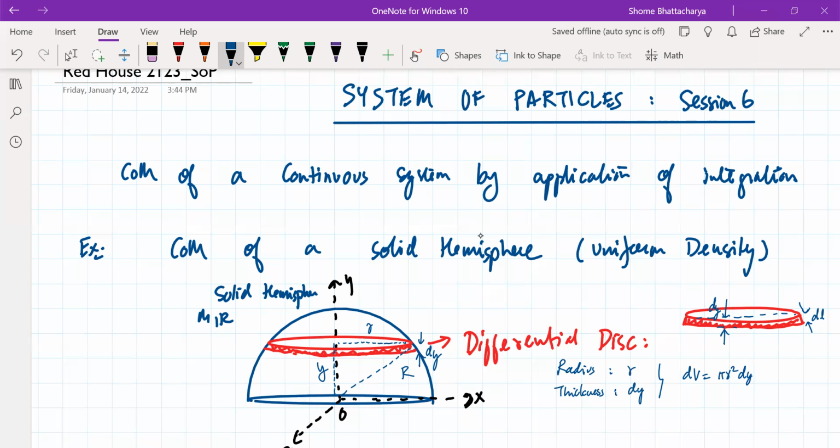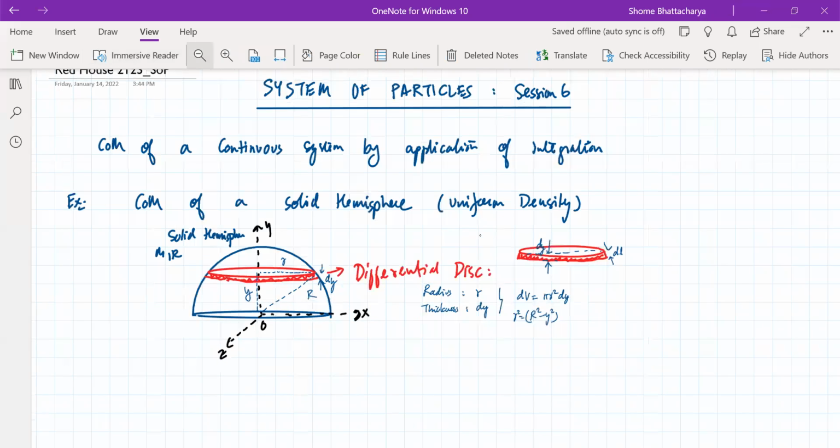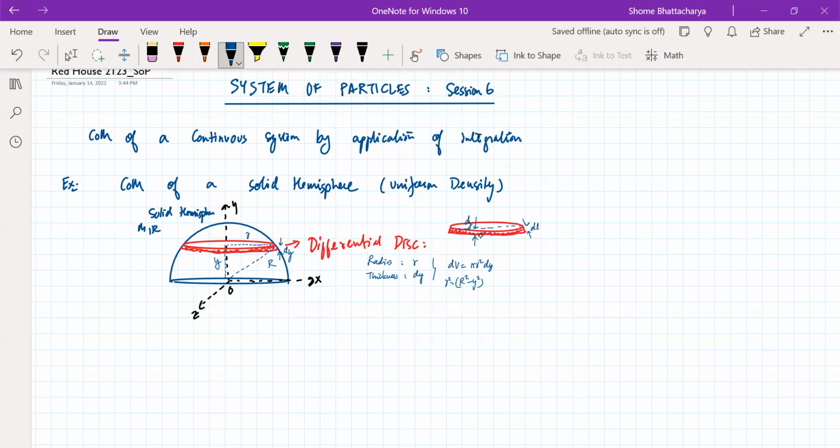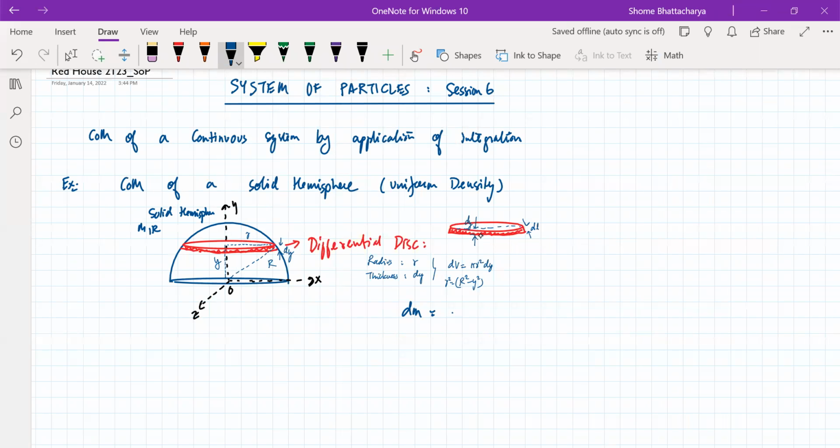Now you can see from the trigonometry of the triangle that r square is equal to capital R square minus y square. Next thing we can understand is that the mass of that disk, which is density into volume, becomes M upon 2 by 3 pi R cube into pi r square dy.